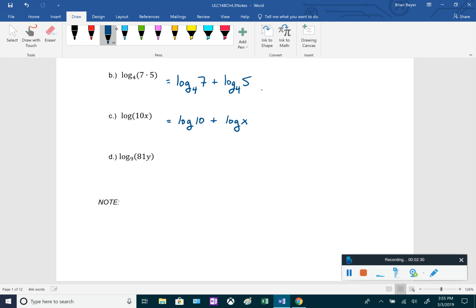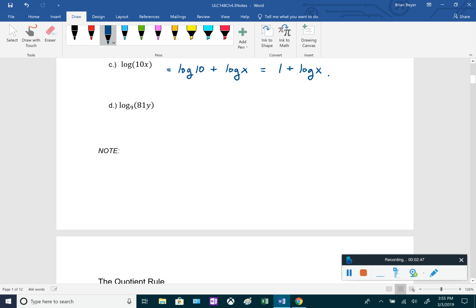Let's actually simplify this a little bit more. Log of 10 is equal to 1, because log without a base written is log base 10. Log base 10 of 10 equals 1, so that's 1 plus log x.